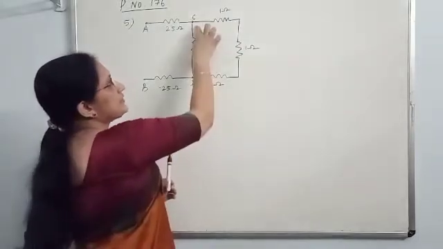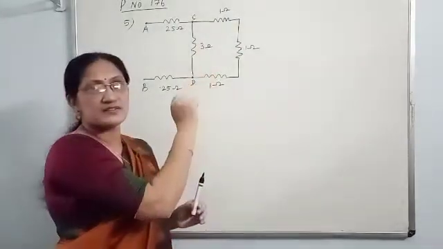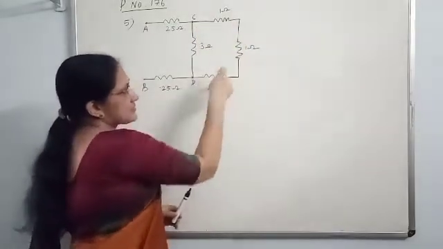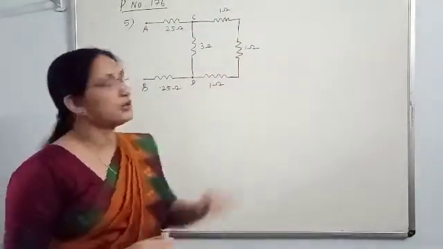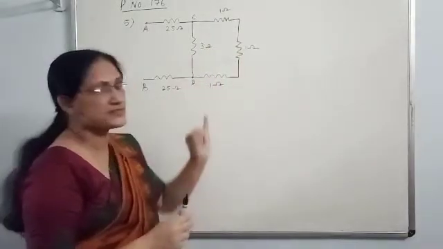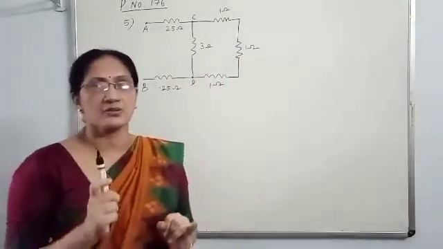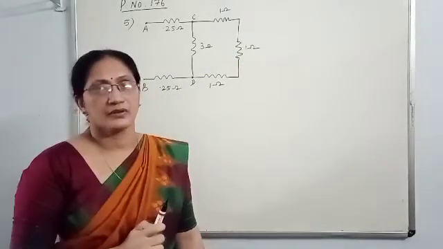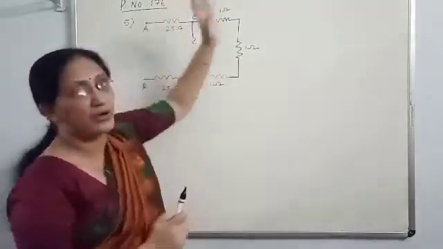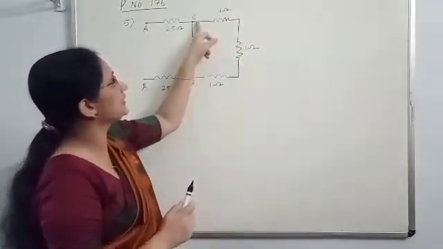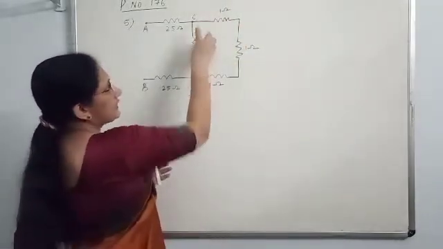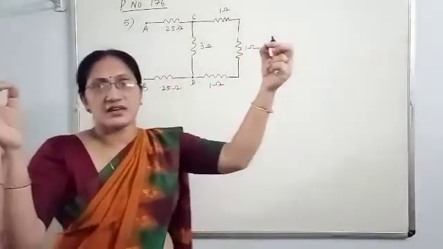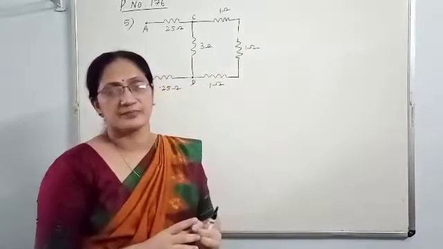Then in this branch only one resistance is there, that is 3 ohm. But in this branch there are 3 resistances. How will you find out the total resistance of these 3? For that you must have an idea whether they are in series or parallel. Then if you have confusion, you just imagine you are cutting at these 2 points, here, and take it in your hands. You will see the 3 resistances in series.